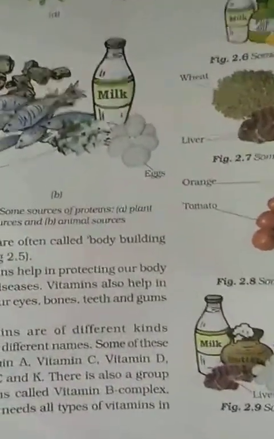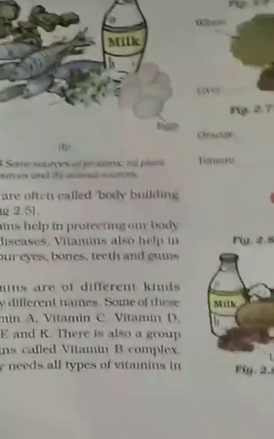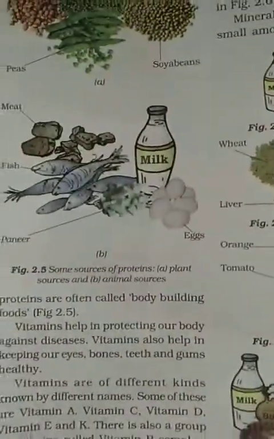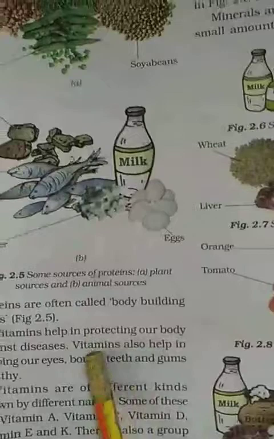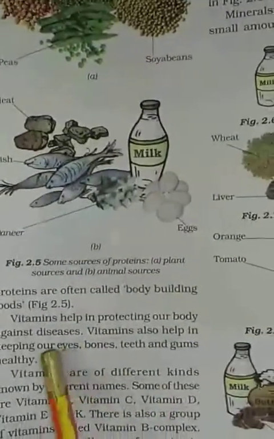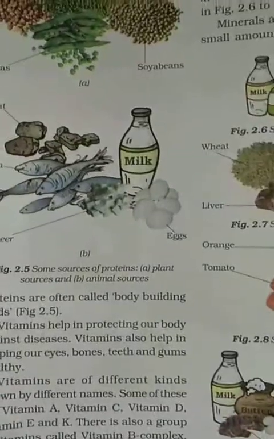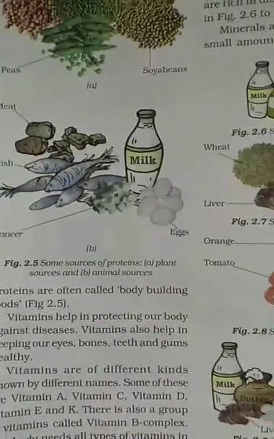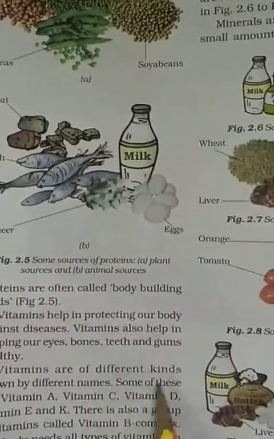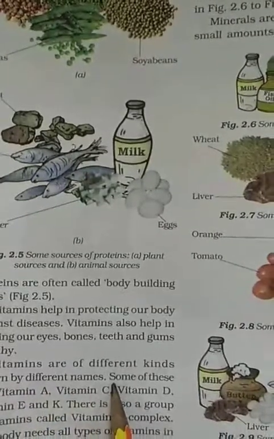Vitamins help in protecting our body against diseases. Vitamins also help in keeping our eyes, bones, teeth and gums healthy. Vitamins are of different kinds, known by different names.